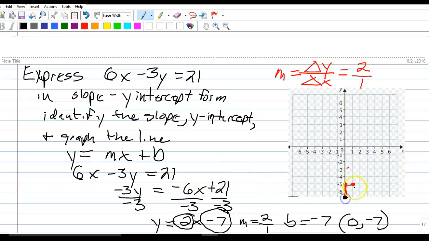So I have this point, and I have this point. So I connect these 2 points with a straight line, and that gives me the graph of the equation 6x minus 3y is equal to 21, or equivalently, y is equal to 2x minus 7.